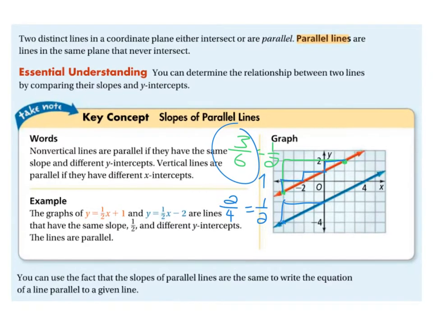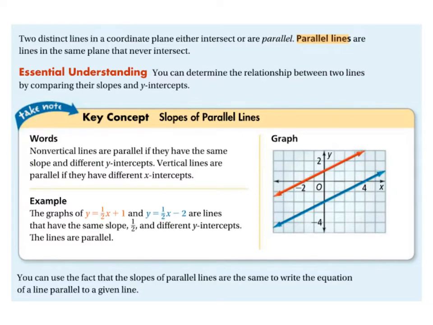Yeah, that's a big part of this idea. So let's explore what the rest of it has to say here. Non-vertical lines, if they are vertical, straight up and down, they don't have a number for the slope. So non-vertical lines have the same slope and different y-intercepts. If they had the same y-intercept and the same slope, they'd essentially be the same line, right?